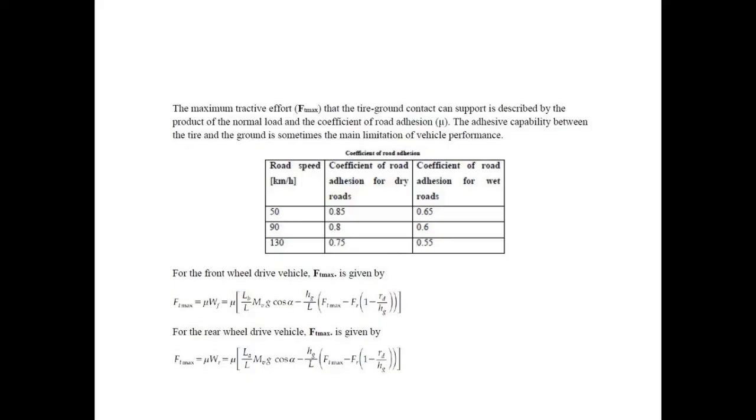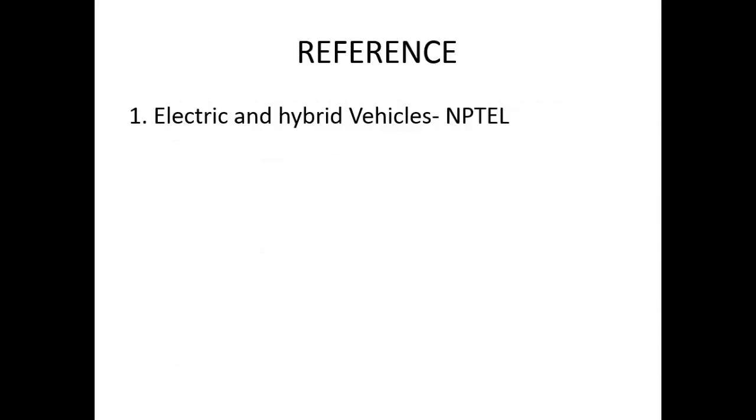In the table, the coefficient of road adhesion for various conditions at various speeds is given. For the front wheel drive, Ft max is given by mu into Wf. For the rear wheel, Ft max is given by mu into Wr. This is obtained just by substituting the above expression and multiplying it with mu, the coefficient of road adhesion.